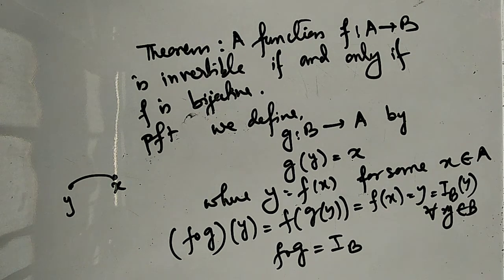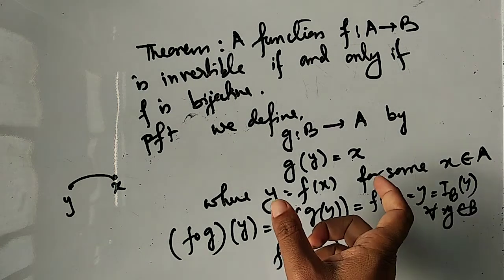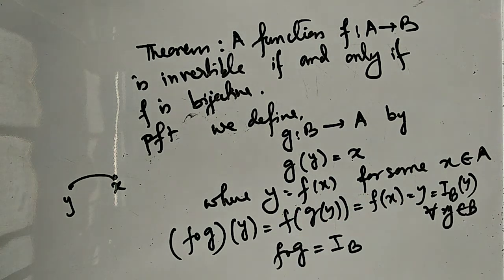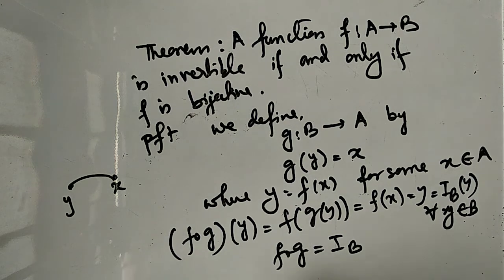So g is a function from B to A for which g of f is the identity map on A and f of g is the identity map on B. It means the defined function g is the inverse of f. It means f is invertible. Okay.